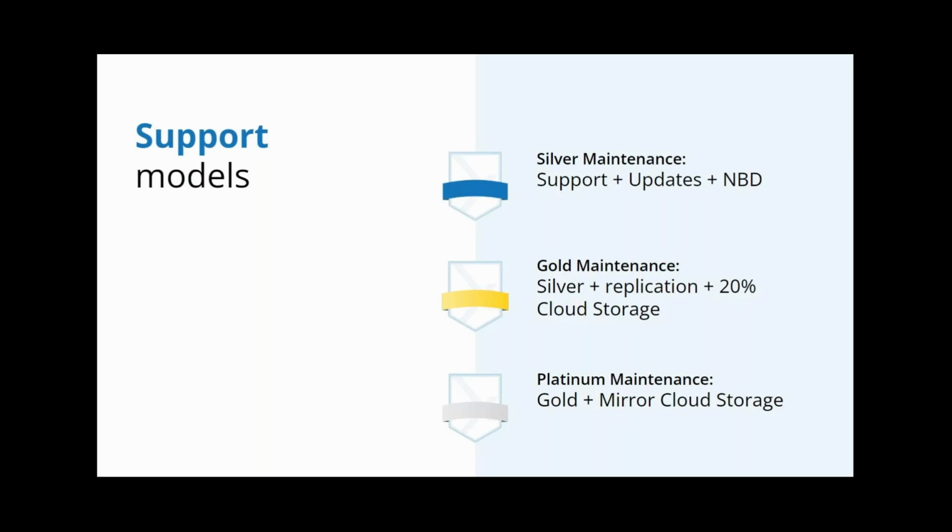That 20% is calculated from the capacity of the chosen device. So for example, I mentioned that the smallest device has 24 terabytes of storage capacity when we're talking about rack models. 20% of that is 4.8 terabytes.